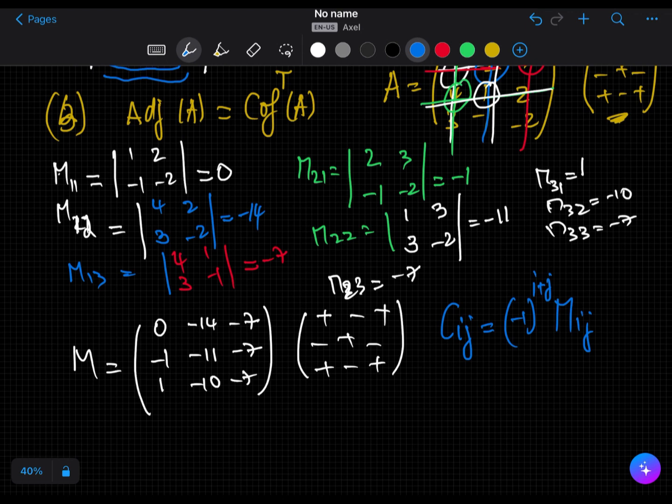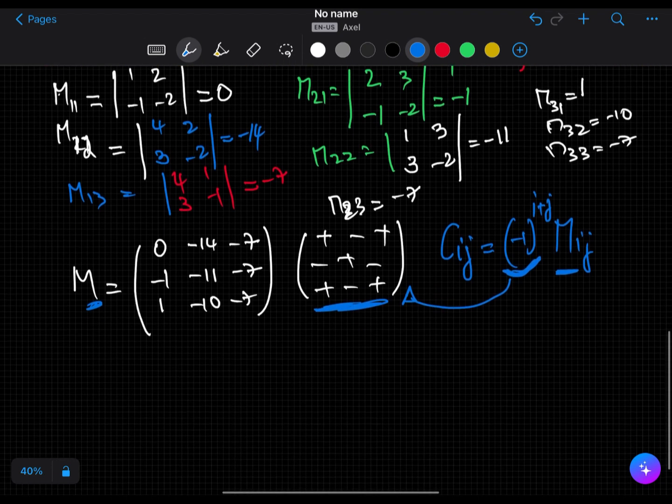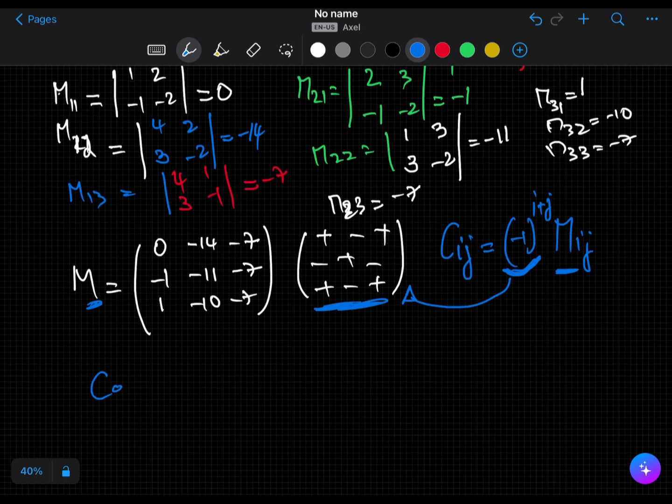So we have this term here, which is already explicitly defined in the place sign matrix, and then here we have the minor matrix of the elements of A. So this M we already have it here, and this term here is defined here as a place sign matrix. So therefore, to have the cofactor matrix of A, we multiply each term by its corresponding place sign. So if I do 0 times plus is 0.